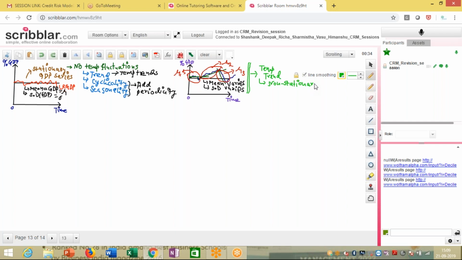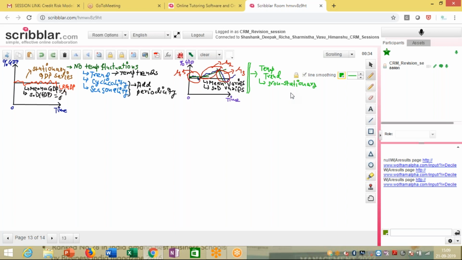A non-stationary time series is one where there are temporary fluctuations, and a temporary trend is one of the cases which leads you to non-stationarity. So this needs to be treated before you develop any kind of statistical models, right?